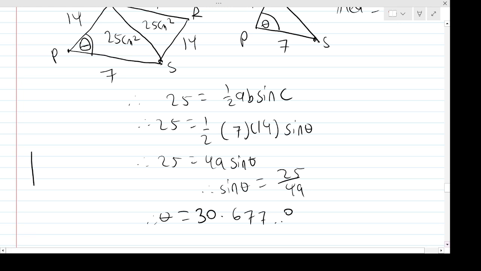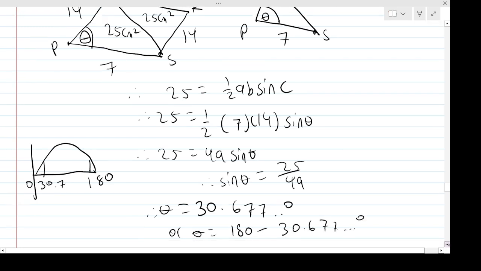So if we look at the sine graph again, in 180 and 0, the first solution is 30, that's going to be about there. So if we read off, the next solution is going to be there for theta. 30.7 there, so the next solution is going to be 180 take away this.